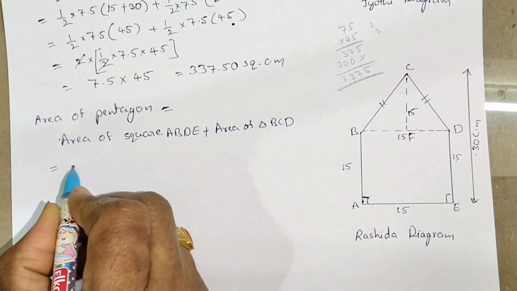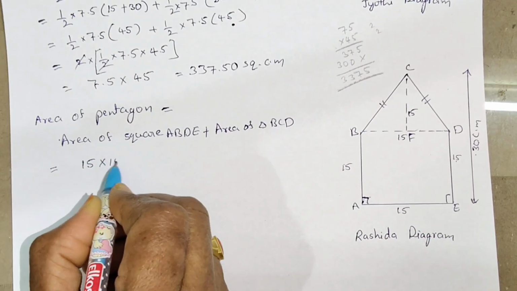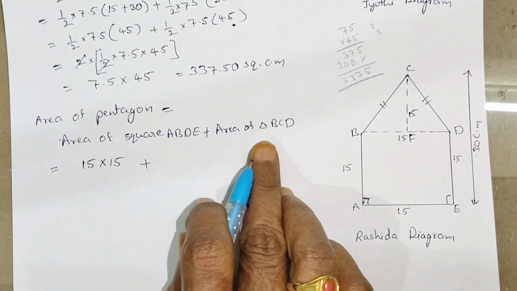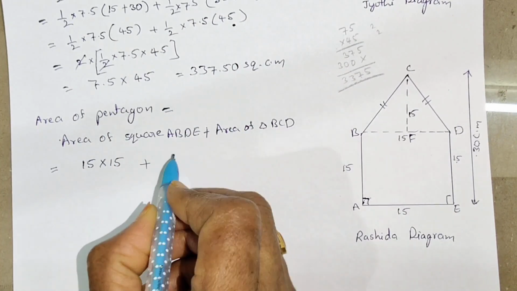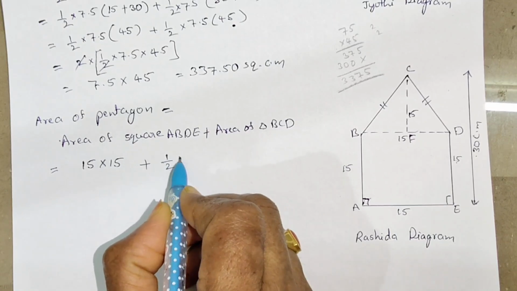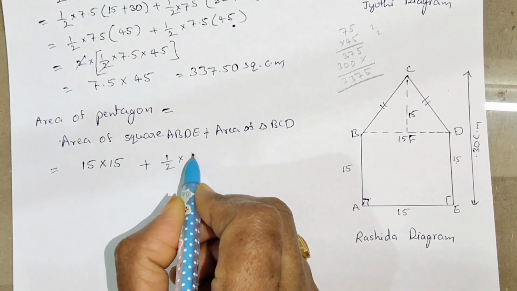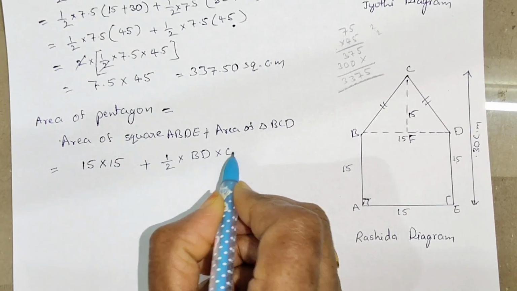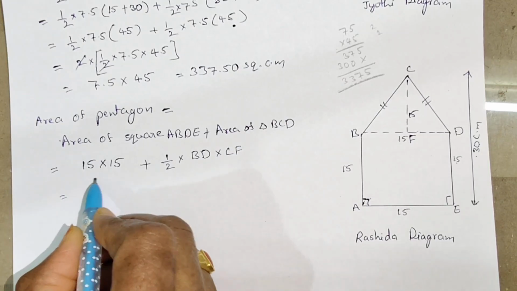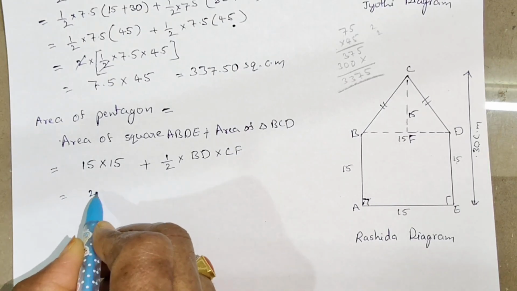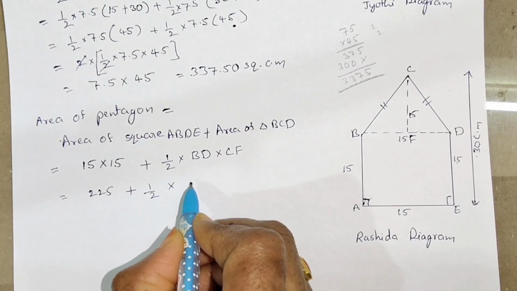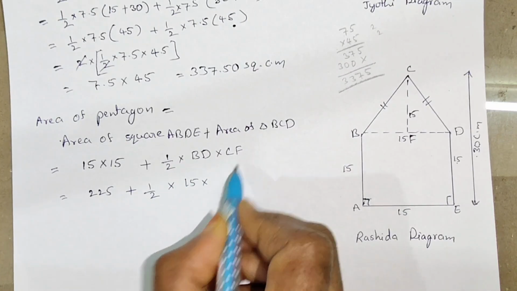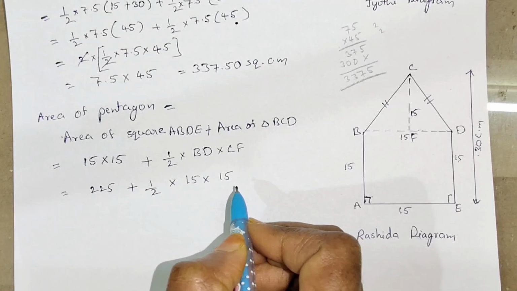Here one side is 15, so 15 into 15, plus the area of BCD, which is 1 by 2 into BD into CF. So 15 times 15 is 225, plus 1 by 2 into BD equal to 15 into CF equal to 15.